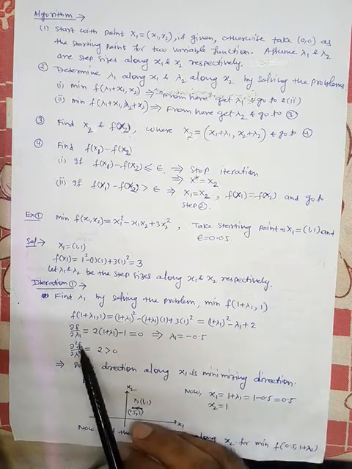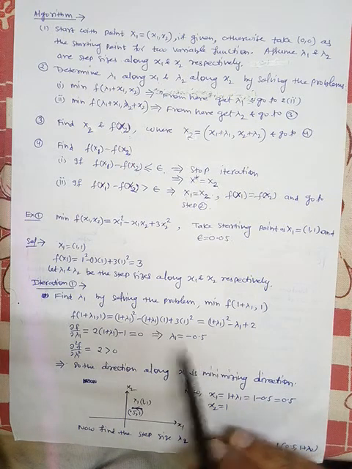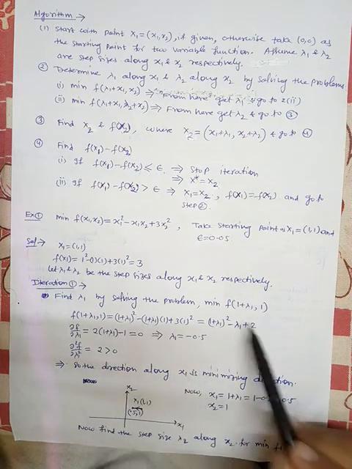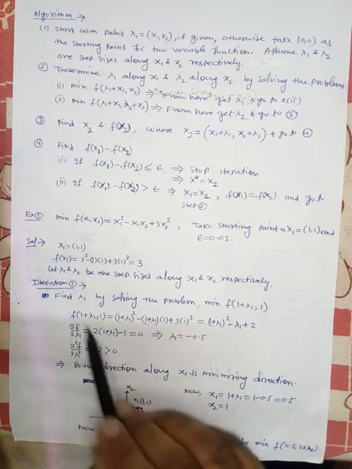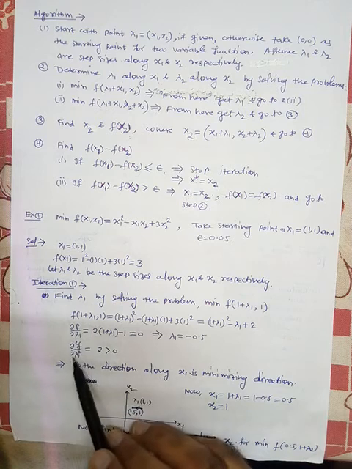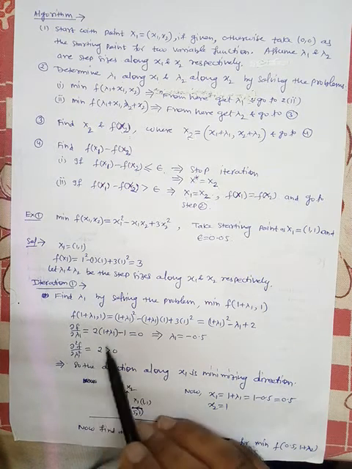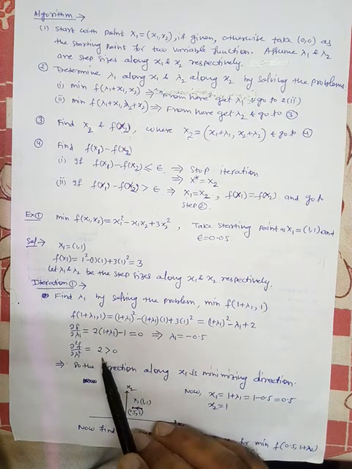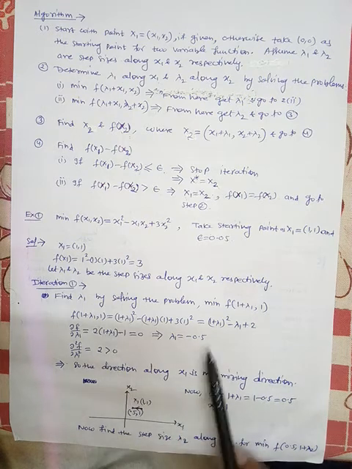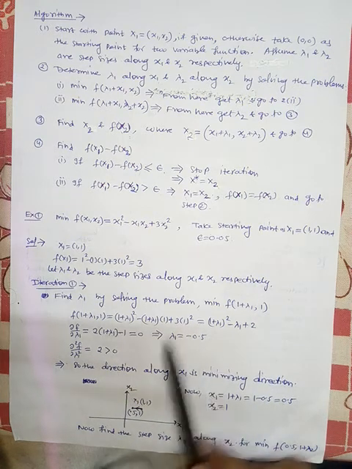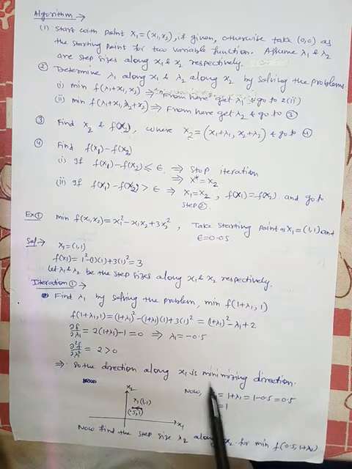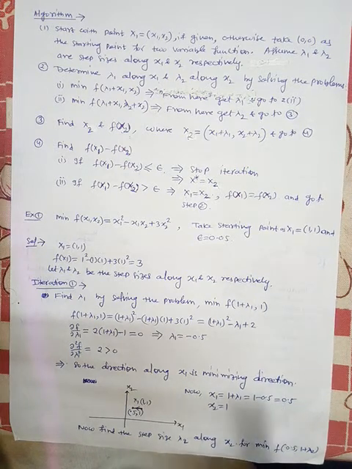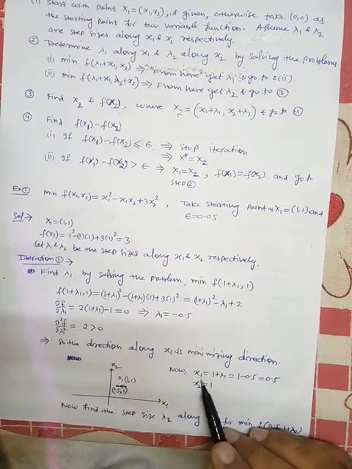Now to see the sufficient condition, differentiate again: del 2 f by del lambda 1 square equals 2, which is positive, and hence this lambda 1 is basically the optimum value. So the direction along x1 is the minimizing direction based on this observation. Now what is x1?